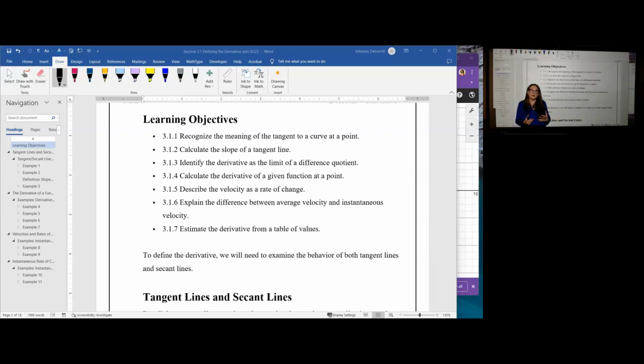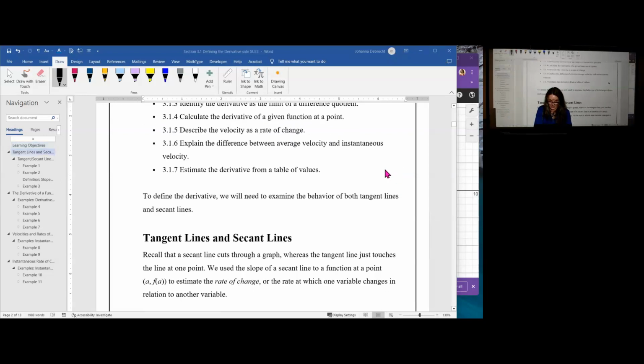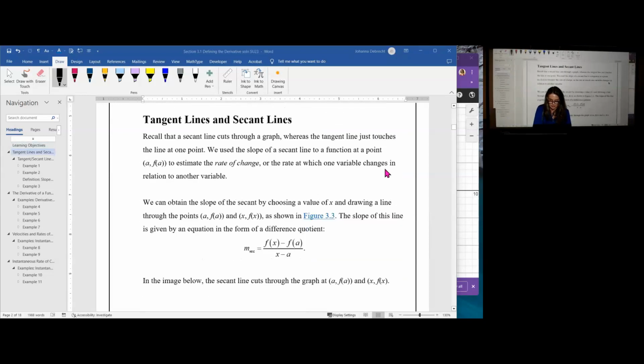This will allow us to find the derivative more quickly without having to go back to the limit definition. In this section, however, we stay with the limit definition to get a firm foundation of what the derivative truly is. To do that, let's take a look now at tangent lines and secant lines.